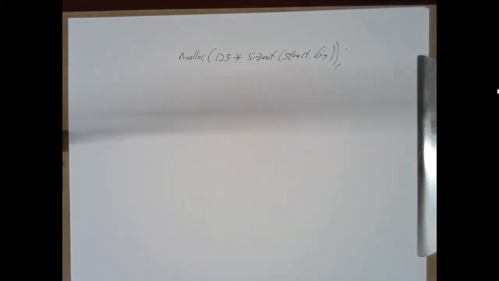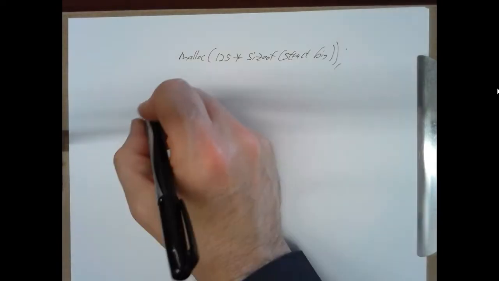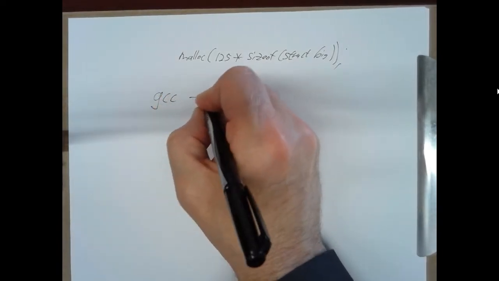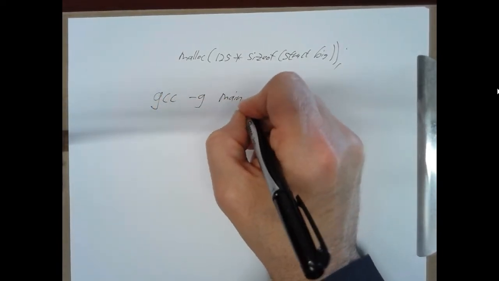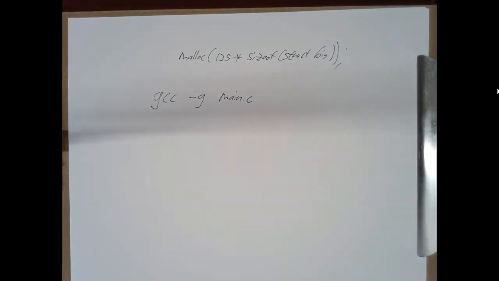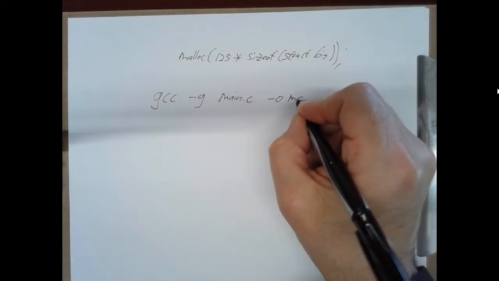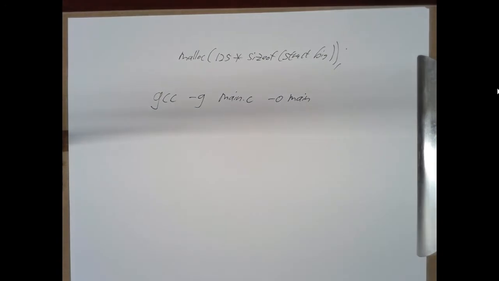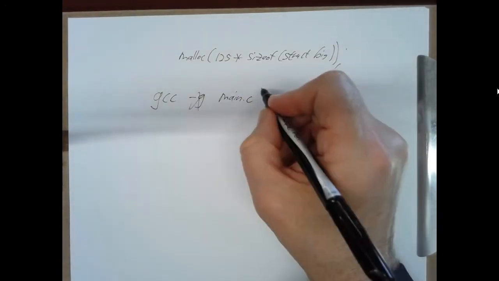What would you type to compile a program named main.c if you intend to use GDB to debug it? So gcc -g main.c is the shortest way to do that. That'll give you an a.out, but with debugging symbols, and then you could say gdb a.out. You could also do -o main. You could also put your -g over here.